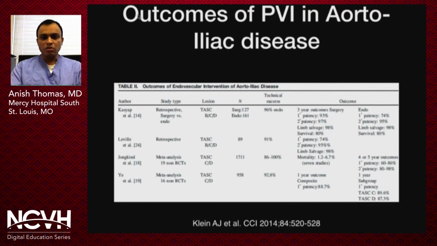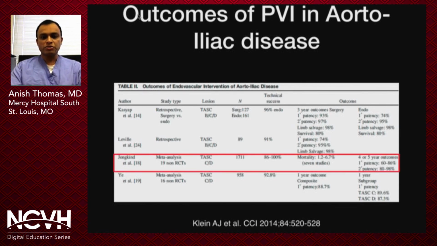If you look at outcomes of endovascular intervention in aortoiliac cases, in TASC C and D cases, I draw your attention to this meta-analysis in which 4 and 5-year outcomes had extremely good secondary patency rates and even primary patency rates.